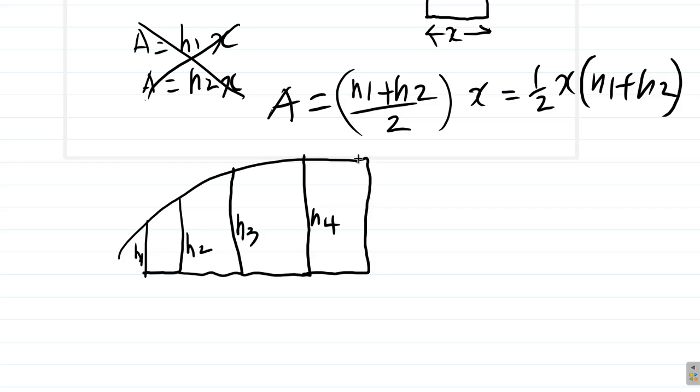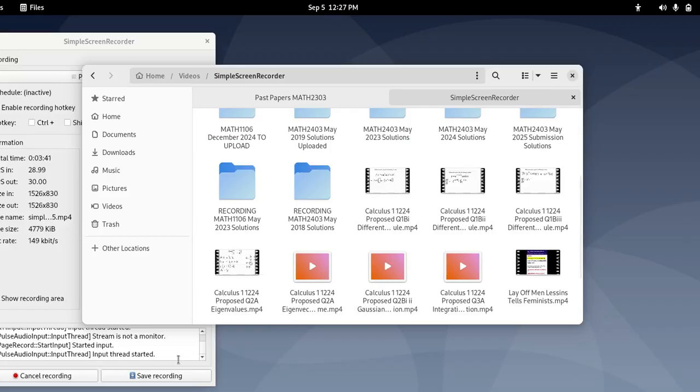Let's say we have 4 trapeziums and H5. Let us find the total area. The area is equal to A1, A2, A3, A4.